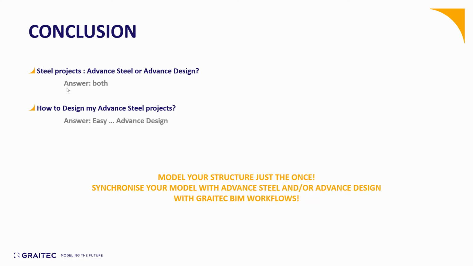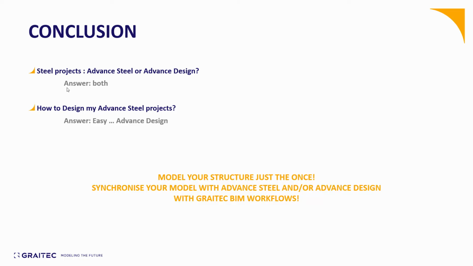So to conclude this, for steel projects, can you use Advanced Steel or Advanced Design? The answer would be yes, both of them actually. You can do all of your detailing in Advanced Steel and all of the code check, even extra modeling modifications, inside Advanced Design.